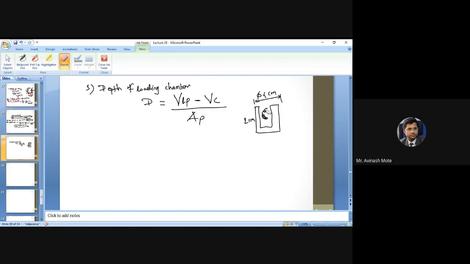so volume of chamber, being a cylindrical product, pi by 4 d1 square, this is the area, and length, this will be the volume. So it will be pi by 4 d1 square is 4 square into 2, pi by 4 square into 2.